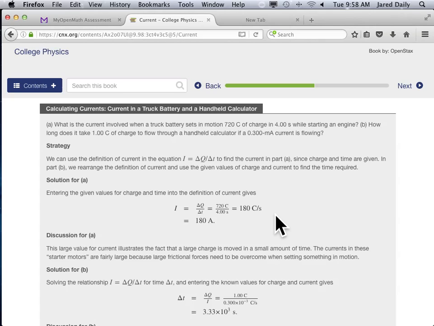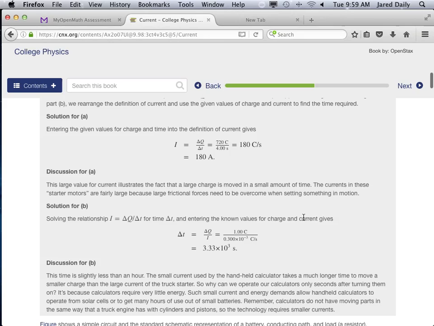And that could be bad. It could be really bad. But if your fingers are drier, you have more and more dielectric strength in them, so less and less current will travel through you. It'll be very, very small in some cases, so you don't even feel it. But if you get 180 amps through you, good night.